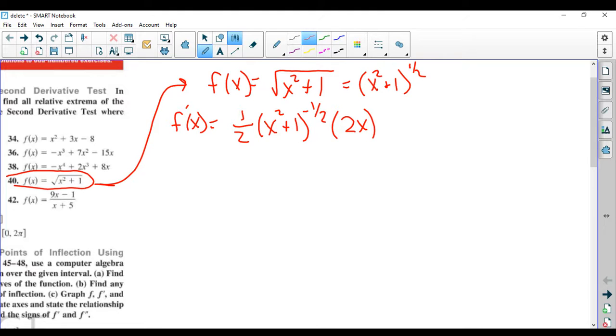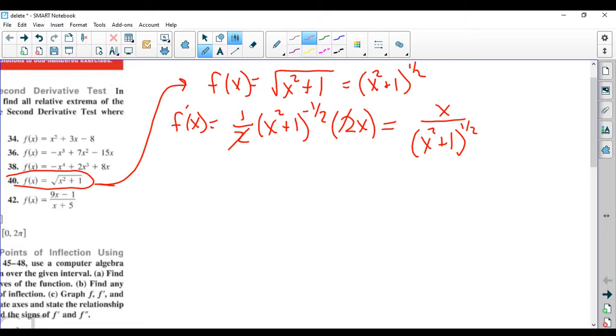We're going to simplify this. And the simplification is nice because the 2 times 1/2 is 1. We'll bring the x squared plus 1 to the negative 1/2 down at the bottom. So that's the first derivative.